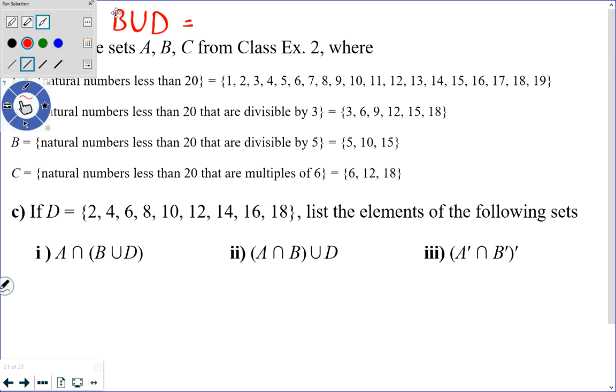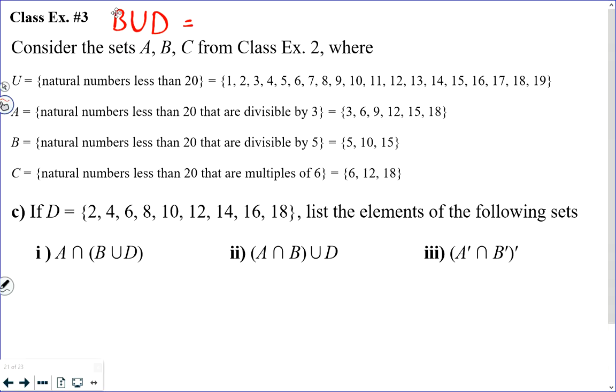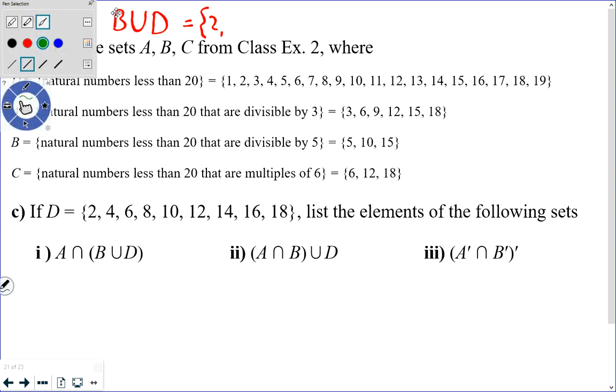That's a list of everything in B and D. It could be in B or D or both. So what do we have? 2. I'm looking at D and B. This is what I'm looking at for the union of B and D.